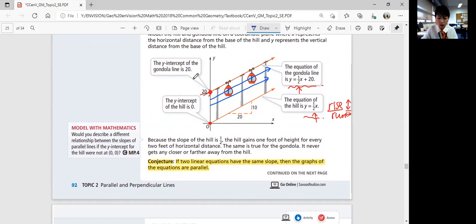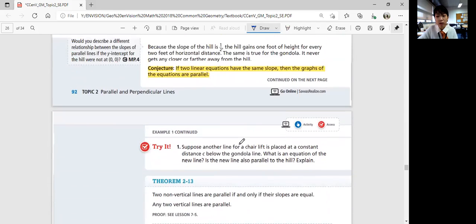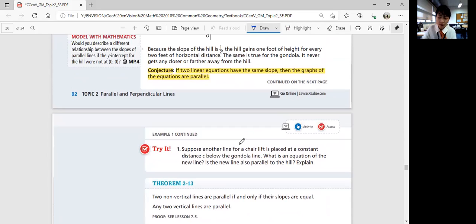So yes, you can theoretically write an equation with your variables. So what is an equation of the new line? You don't have to have an exact number in this case.